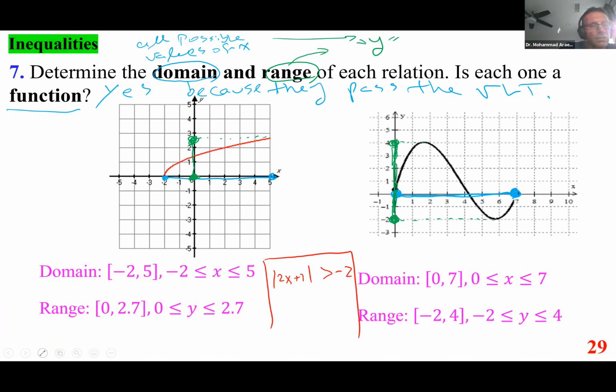So for a case like that, everybody, the solution is all real numbers. You write it like that, or negative to positive infinity. So if you have an absolute value larger than a negative number, for example, the absolute value of 2x plus 1 larger than negative 2, the solution is always all real numbers, from negative to positive infinity.